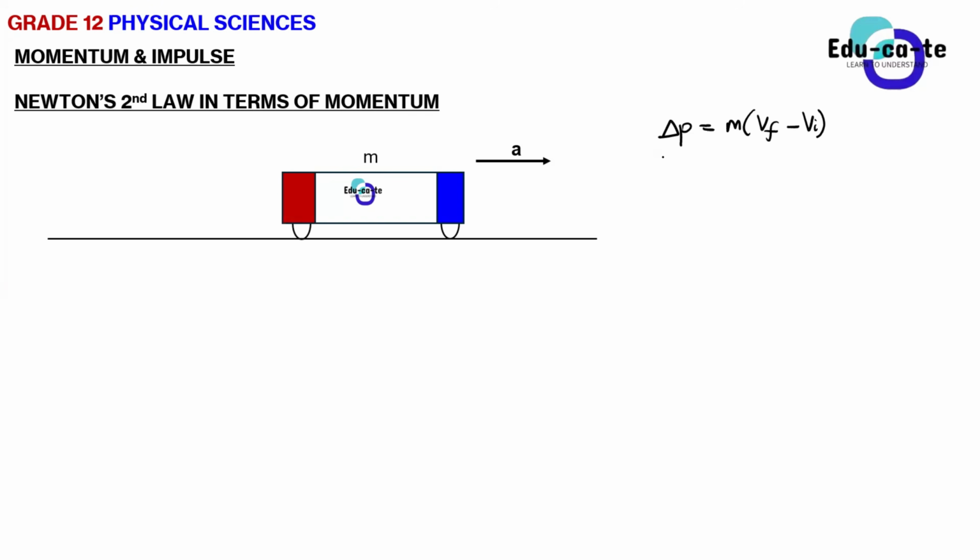So if a multiple choice question says, if an object is moving with an initial velocity vi and a final velocity vf, what is going to be the direction of the change in momentum if vf is greater than vi? What is going to be the direction of the change in momentum if vi is greater than vf? And what is going to be the direction of the change in momentum if vf is equal to vi?